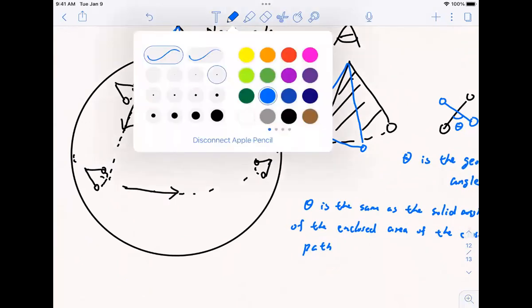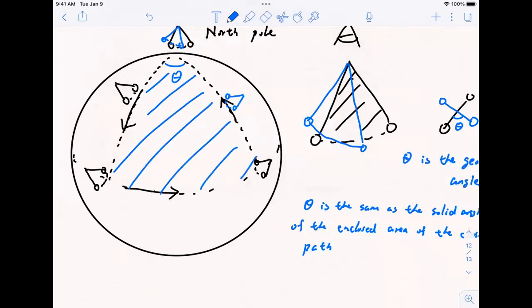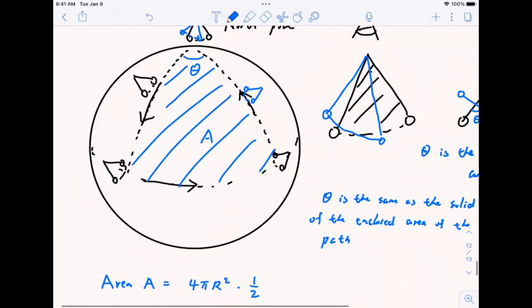Let's call this area A. Area A is equal to, first, the whole surface is 4 pi r squared. This is the surface area of a sphere, and you take 1/2 of it because you only travel by 1/2.